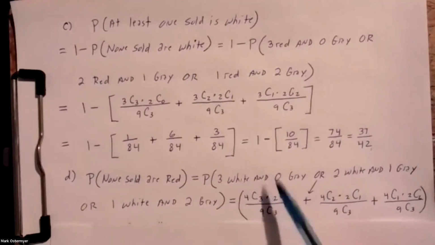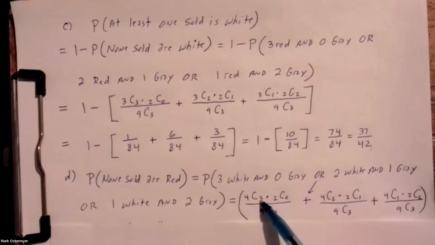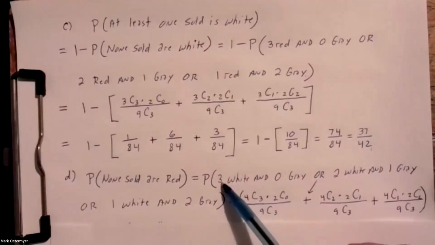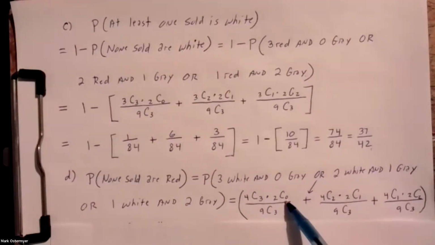The first probability is computed this way: 4 in combination with 3, because the number of different ways of selling 3 white automobiles from the 4 we have available on a lot is 4 in combination with 3, times the number of ways of selling 0 gray automobiles from the 2 we have on a lot is 2 in combination with 0, divided by 9 in combination with 3.